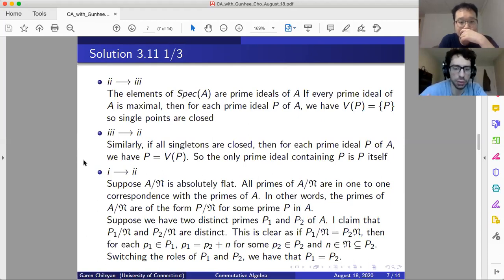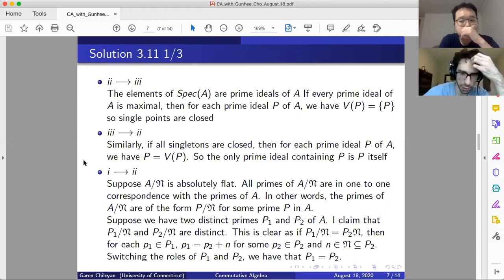Switching the roles, P2 is contained in P1. And so P1 is the same as P2. So prime ideals in A stay distinct as prime ideals in A mod n.